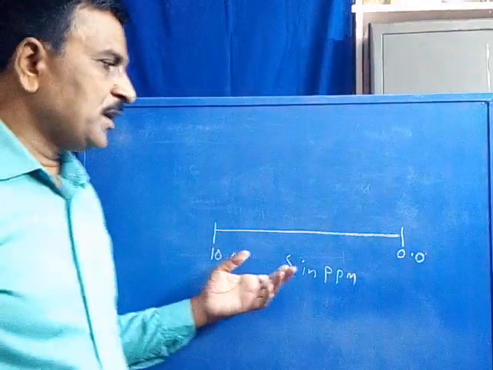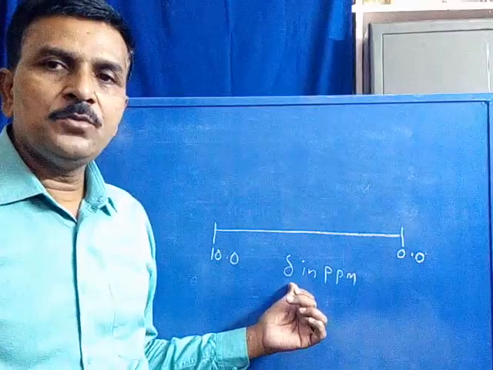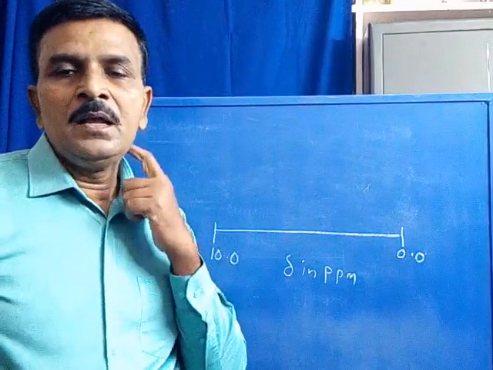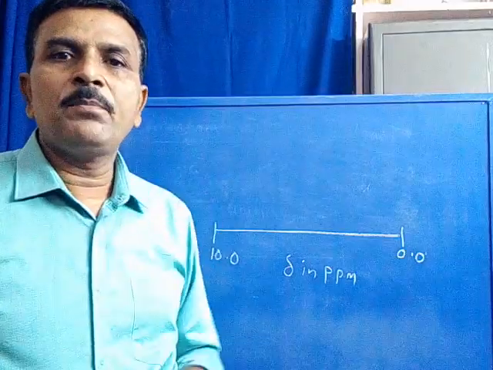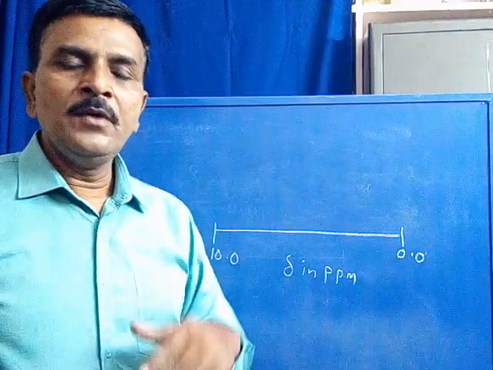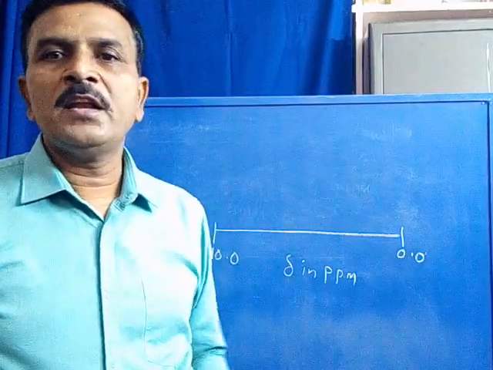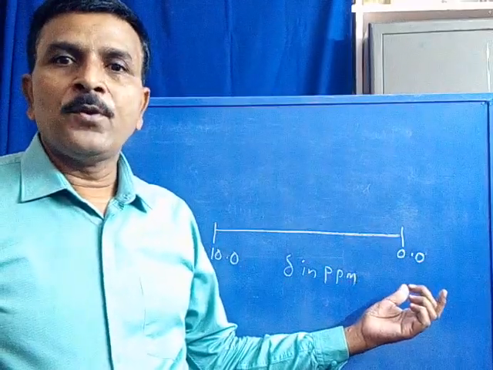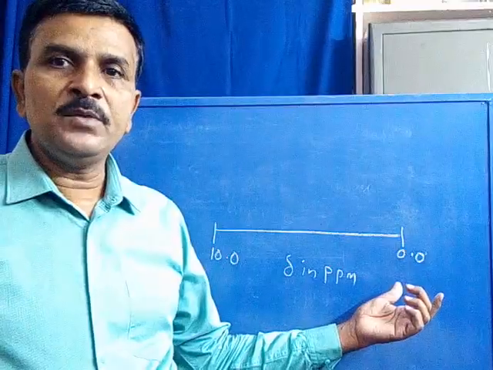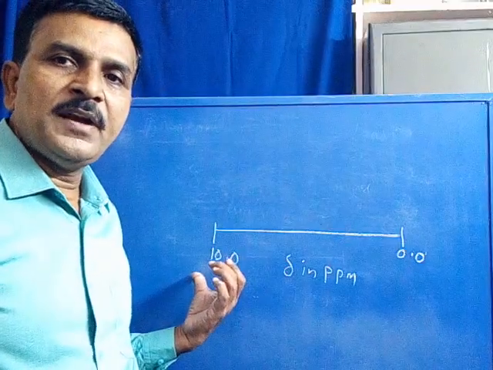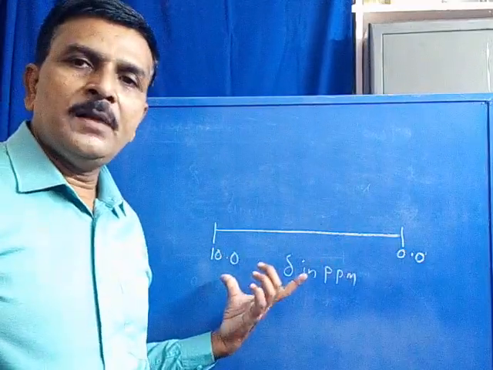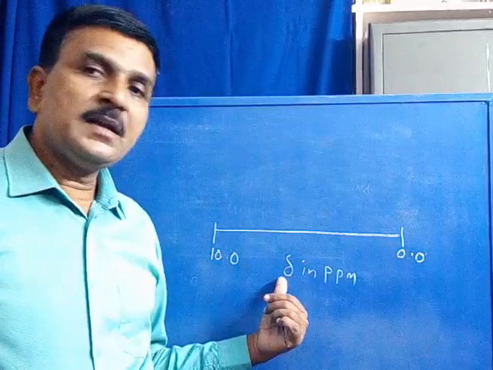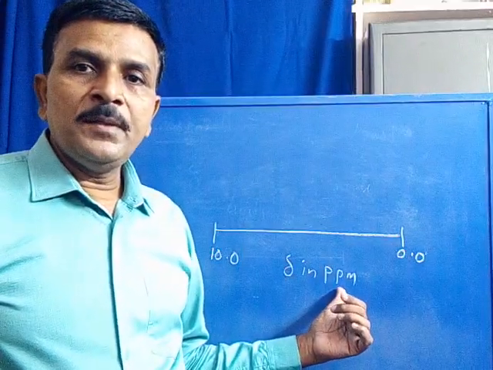Therefore, we should consider the delta values on the x-axis from 0.0 to 10.0. This is in general, except in the case of an aldehyde proton and a carboxylic acid proton, where the absorption frequencies are more than 10 ppm. But in general, the other kinds of protons of a molecule absorb energy between 0.0 and 10.0 ppm. Therefore, I am considering 0.0 to 10.0 ppm in delta, presented in ppm units.